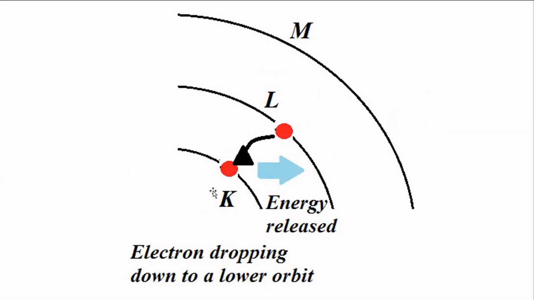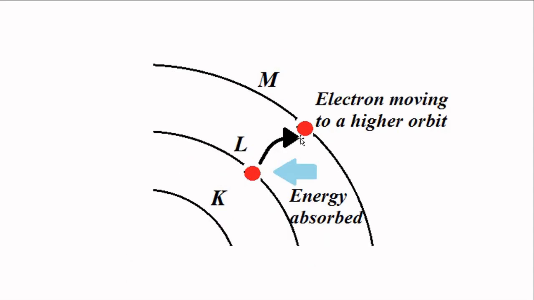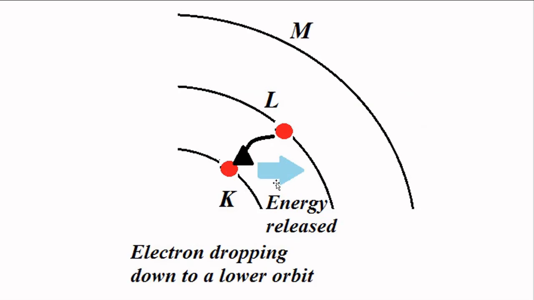When it drops back, the same amount of energy, the difference between the two levels, is released. So when it moves from a higher orbit to a lower orbit, energy is released.